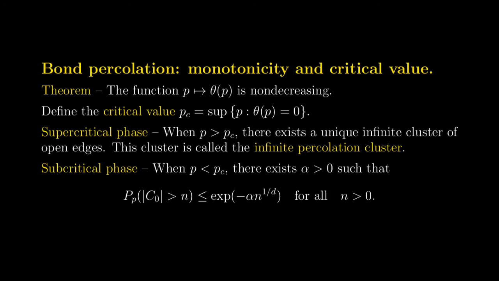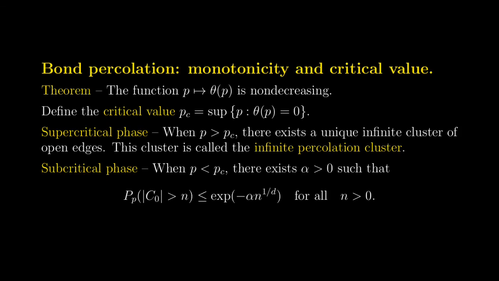By definition of the critical value p_c, we know that if p is strictly less than p_c, the cluster starting from 0 is finite, but from the definition we cannot say much about its size, except that it's finite. This result says that there is an exponential decay in the size of the cluster.